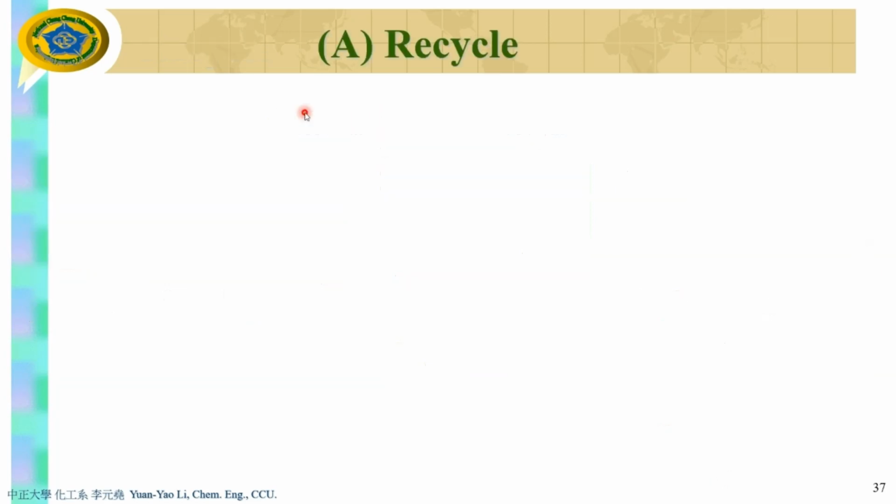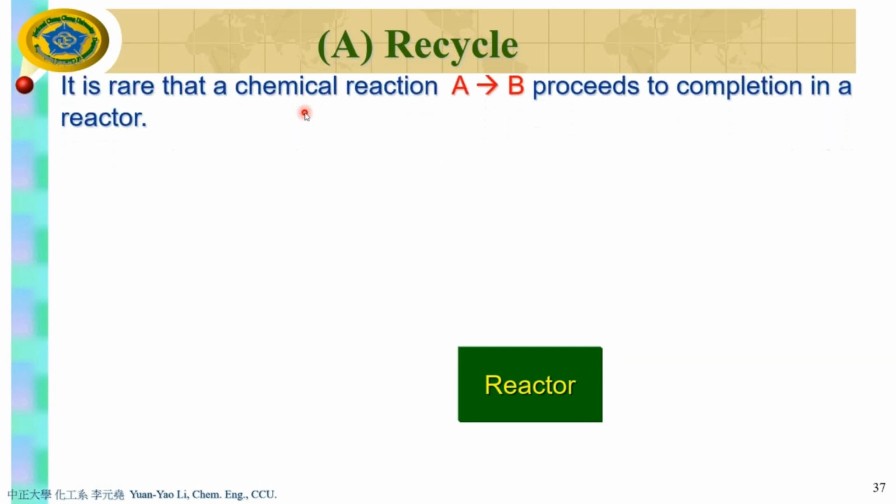Okay, so what's good about recycle? Here is another case. For example, this is a reaction, so of course we will have a reactor. It is rare that a chemical reaction A to B proceeds to completion in a reactor.